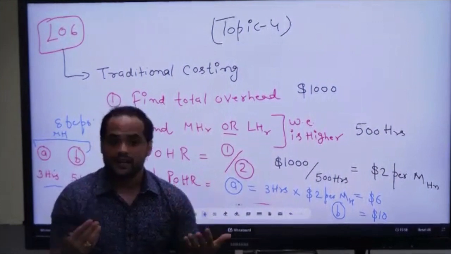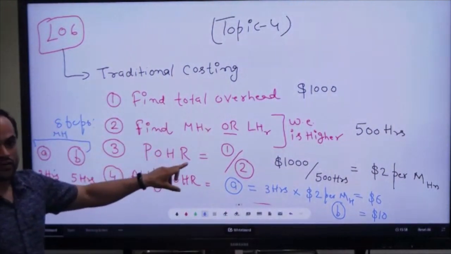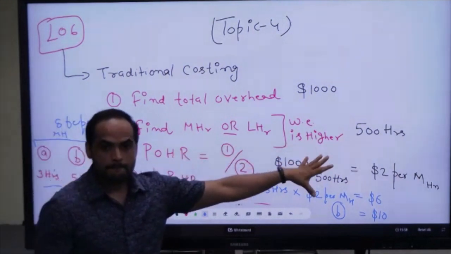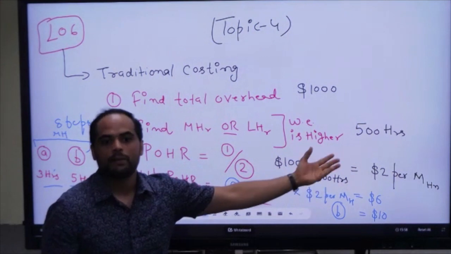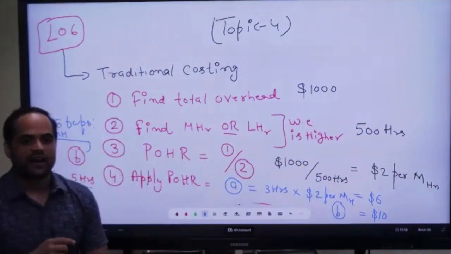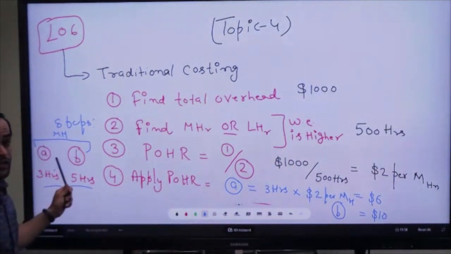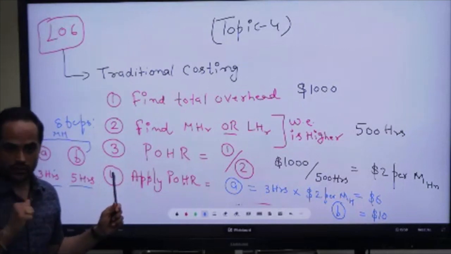So the idea is to check whether your predetermined overhead rate is dollars per machine hour or dollars per labor hour. If it's dollars per labor hour, you have to find out how many labor hours are required to produce this product, which is given in the question.